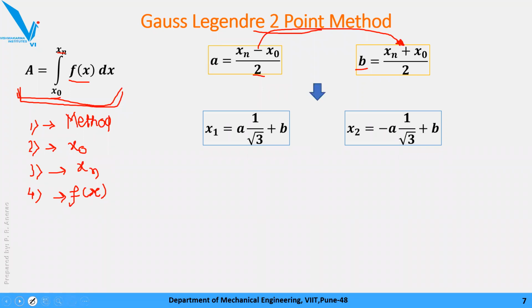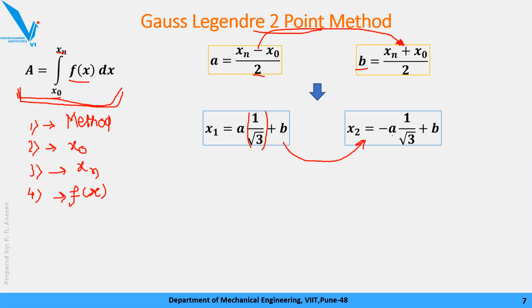If you recall the earlier formula, there a weightage of 1/√3 came. Now we have written that here in the form of x1. So x1 is equal to b plus a, where a has a weightage of 1/√3. Similarly the same formula is written here as x2, just here the weightage is negative.